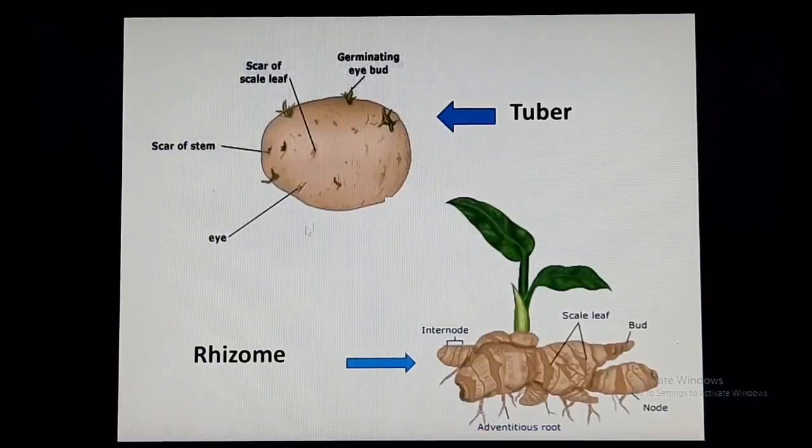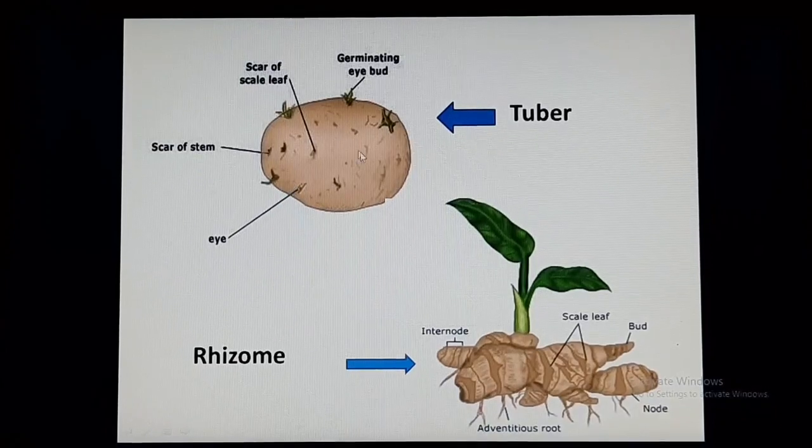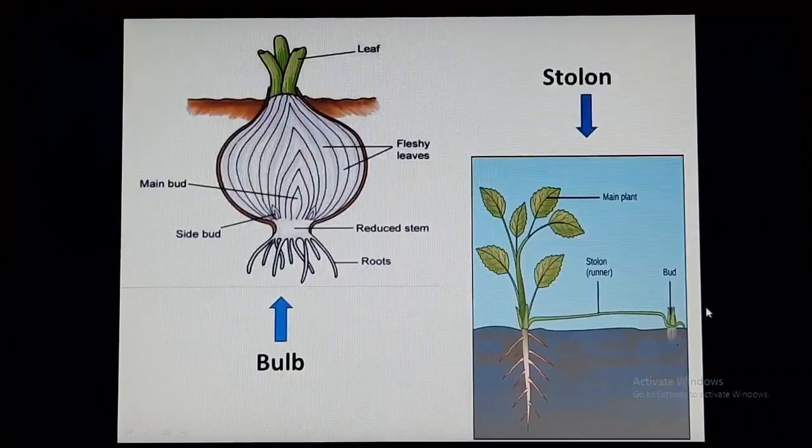Just see the picture. This is the potato, and through tuber, that means stem reproduction, the stem develops into a new individual or helps to produce a new individual. Next one is ginger, which is a rhizome, and bulb for onion. The bulb helps in that there is a lateral bud through which a new individual onion is developed.